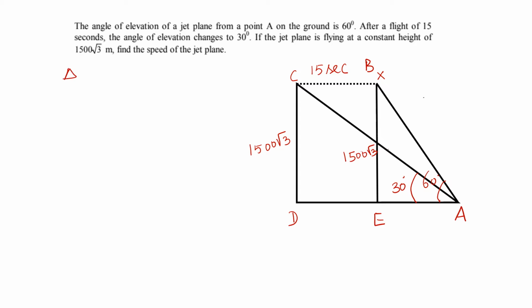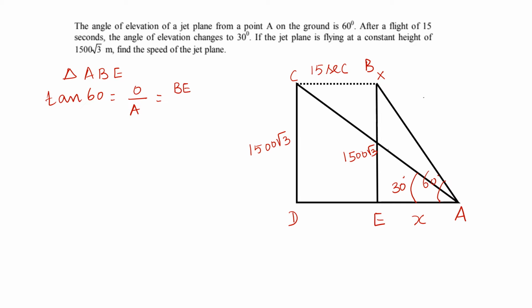In triangle ABE, the angle at A is 60. And I am going to mark this AE as X. So in ABE, tan 60 equal to opposite by adjacent, that is equal to BE by EA.